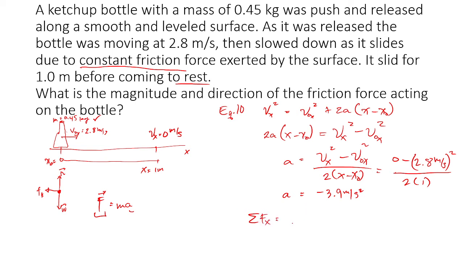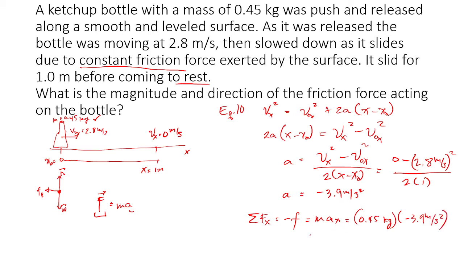Will actually be equal to our negative force, which is actually equal to our max. Alright? So, we will have 0.45 kilograms times our negative 3.9 meters per second square.